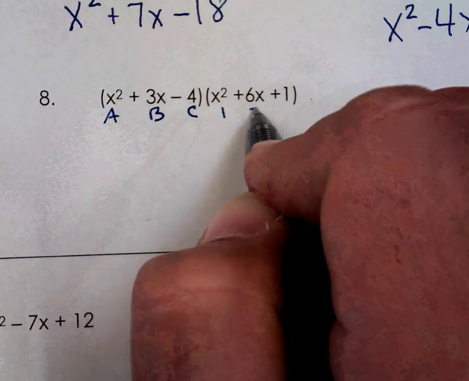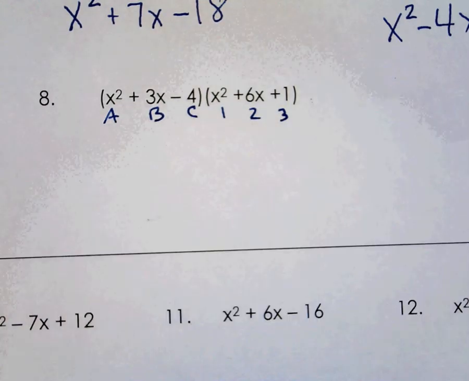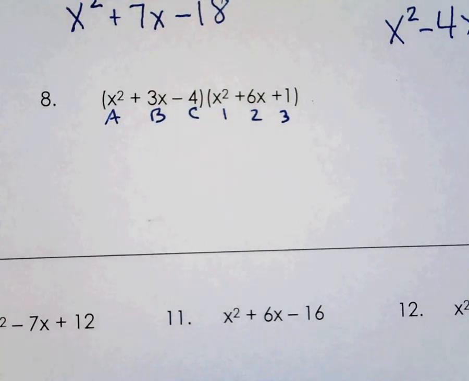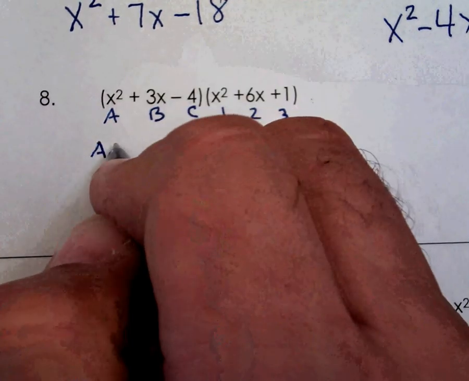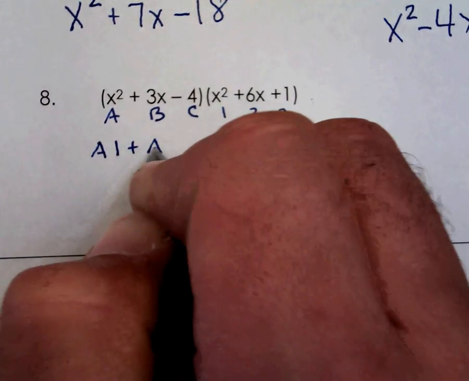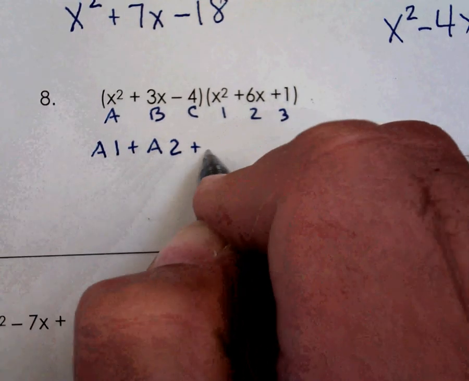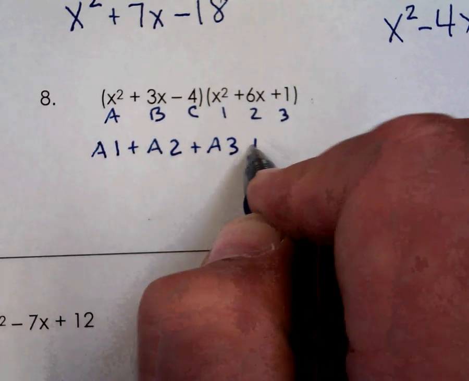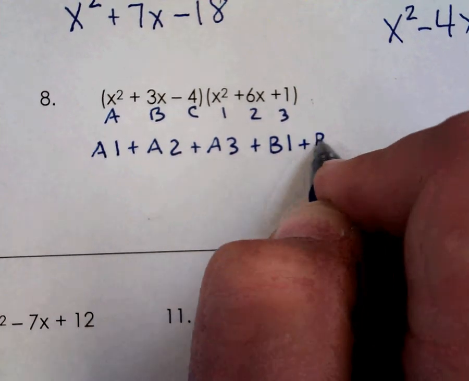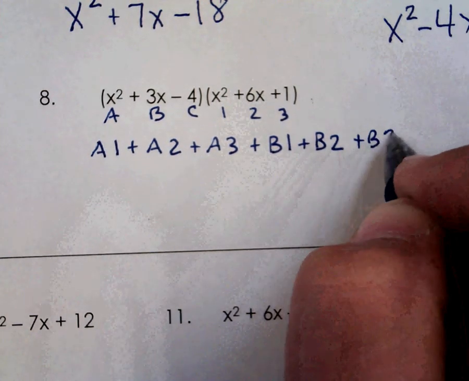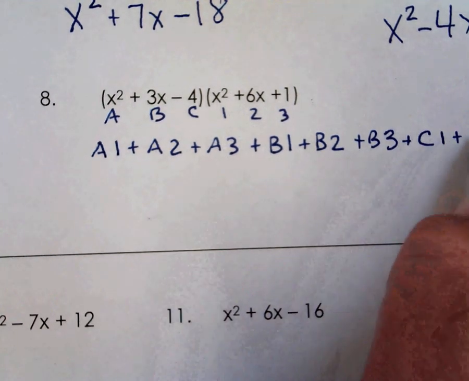In 8, I mentioned this to the class today, to the kids that were here. If we label these guys A, B, and C, and we label these 3, 1, 2, and 3, we basically need to make sure that all of the letters get multiplied by all of the numbers. For example, we need to make sure that A gets multiplied by 1, and A gets multiplied by 2, and A gets multiplied by 3.